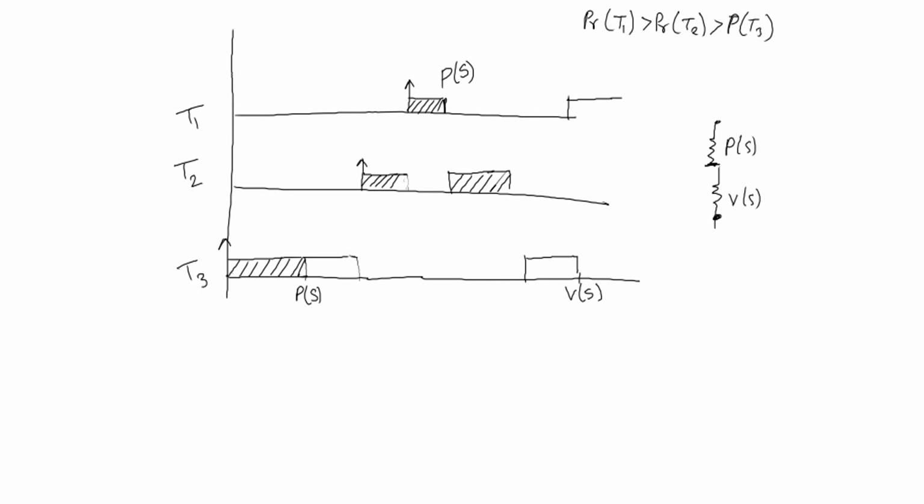Now T1 is blocked for this much duration. Here T1 is blocked by a lower priority task, even the lowest priority task T3, right? So T1 is not able to access that critical section, and it has the highest priority.